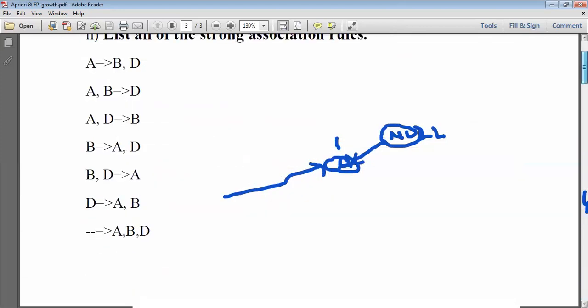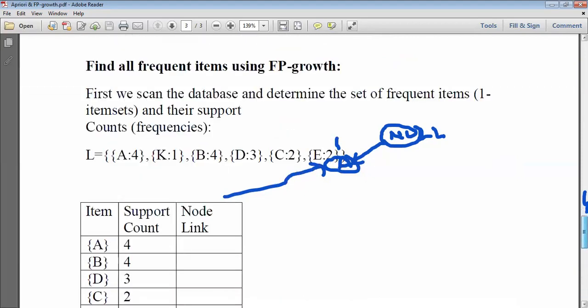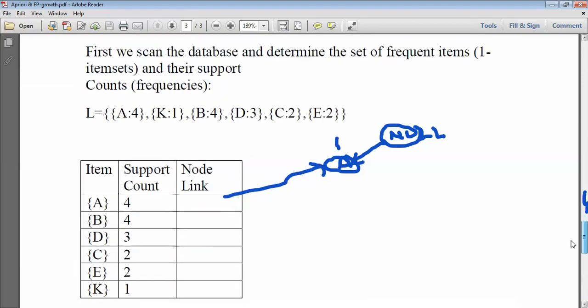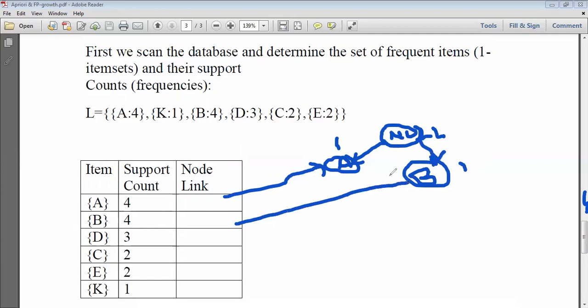So next one I have to draw B. You can write B here.